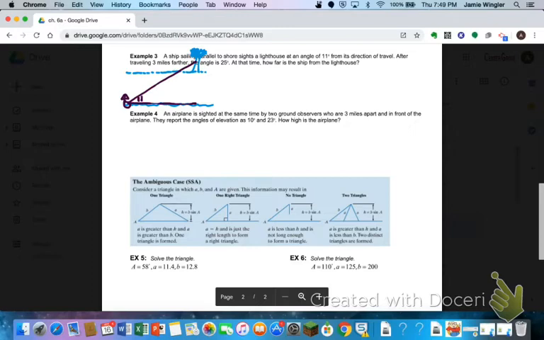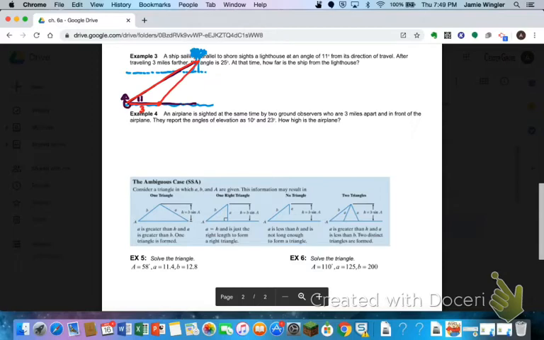Well, 25 isn't much bigger than 11, so this ship did not travel very far at all. It traveled 3 miles, which maybe puts us right there. So here's your 11 degrees up to the lighthouse. And now the angle of elevation to the lighthouse is 25 degrees.